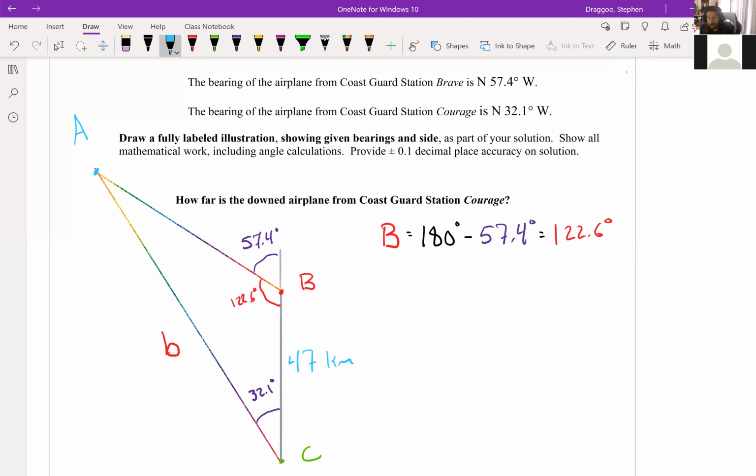And now that we have two of the angles inside that triangle, and we know this bearing angle is the same as angle C, we should be able to put all that together to get angle A. It should be 180 degrees minus 122.6 degrees minus 32.1 degrees.